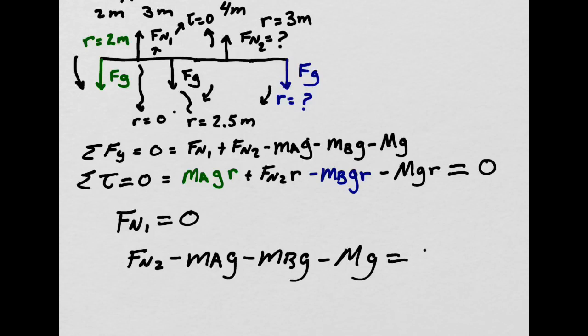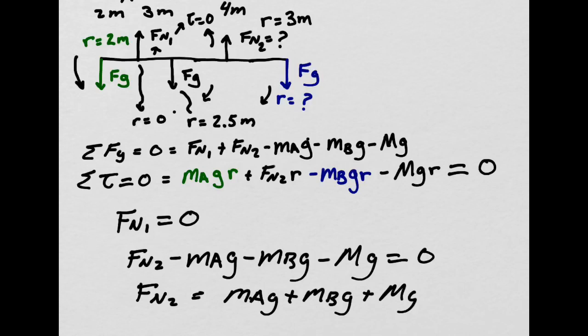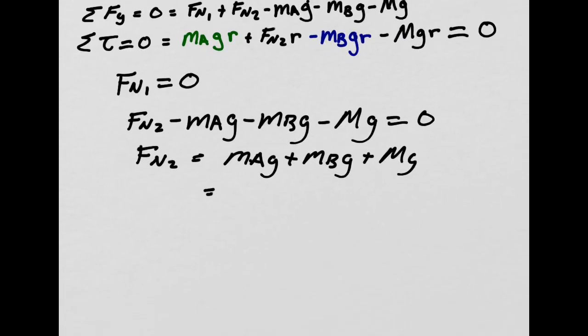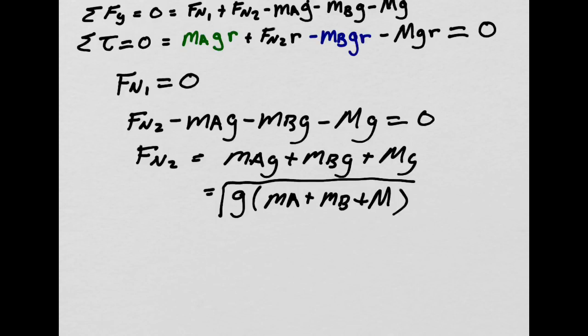So Fn2 equals Ma g plus Mb g plus M g, which equals, let's factor out the g, Ma plus Mb plus capital M times g. So that tells us our normal force for our other equation.